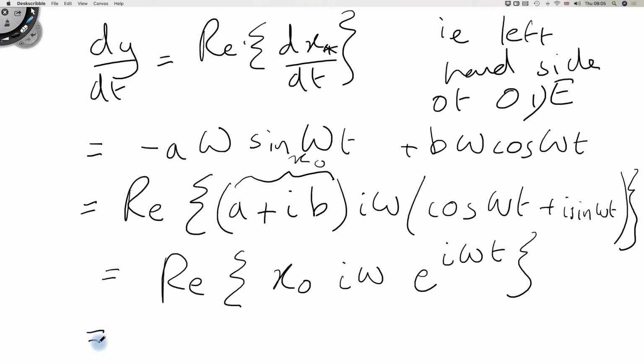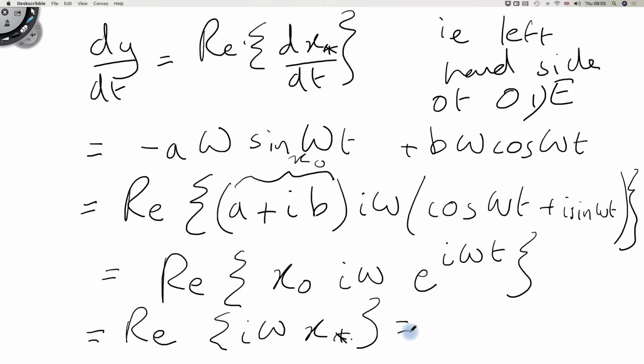So of course, let's just finish up. That equals the real part. So of course, e to the I omega t, your x naught e to the I omega t, is just your true solution. So it's I omega x star, because x naught times e to the I omega t is just x star.